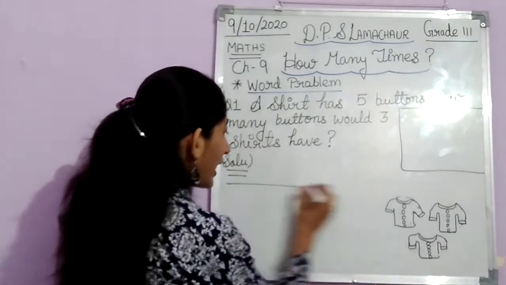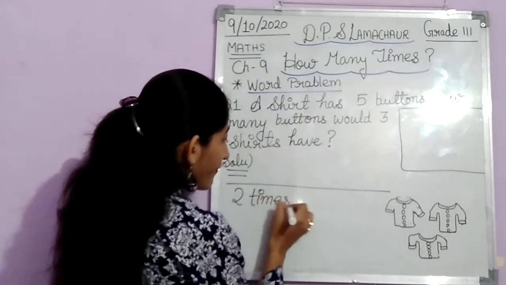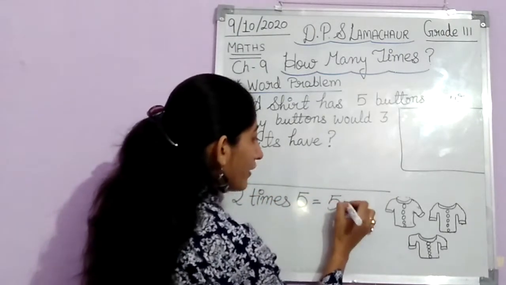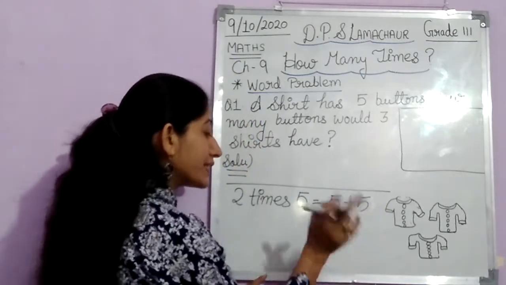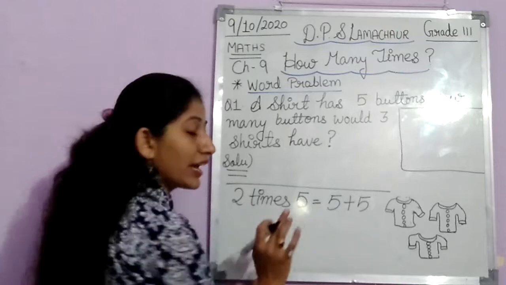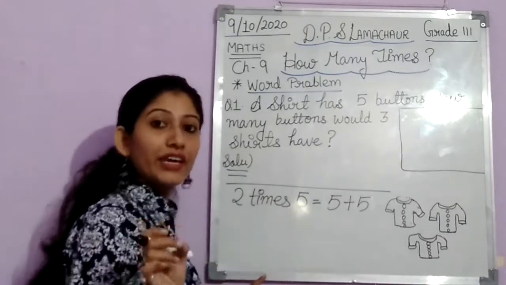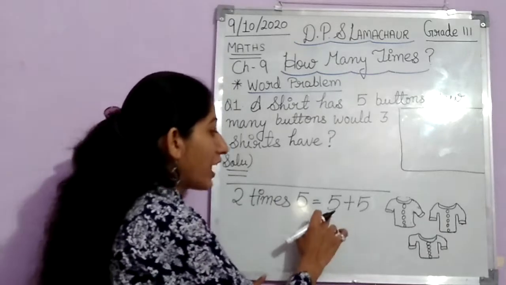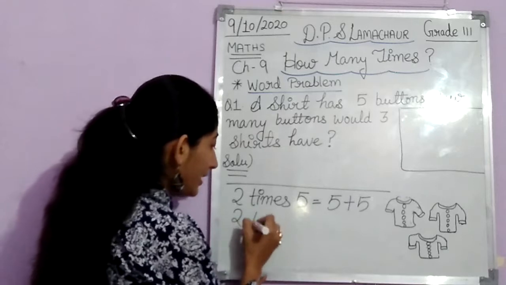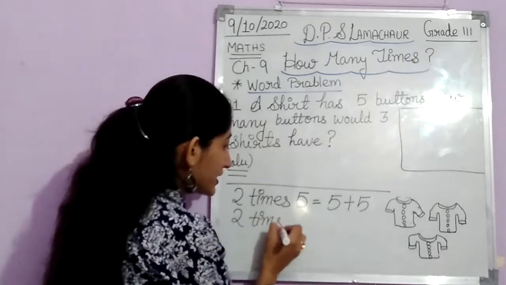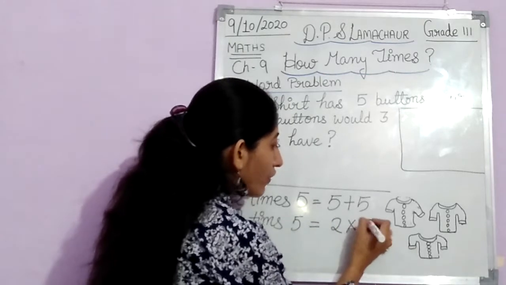Suppose I have to write 2 times 5, so it means 5 plus 5. We can do it like this, and we can write the same thing as 2 into 5.